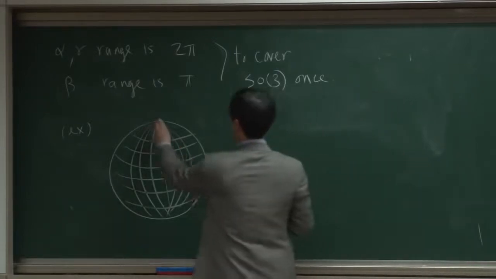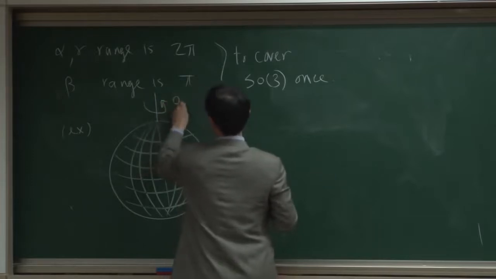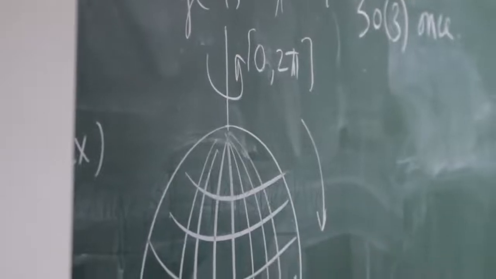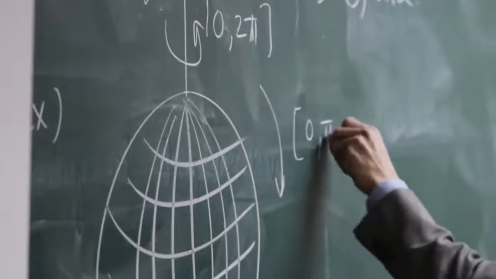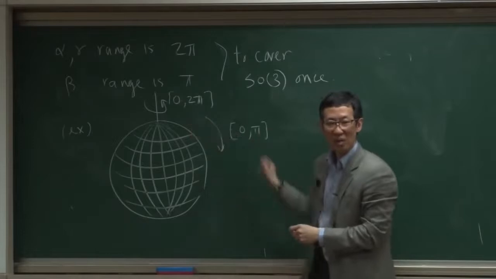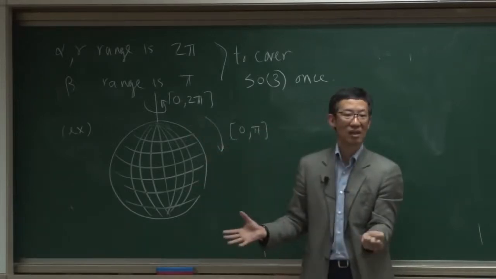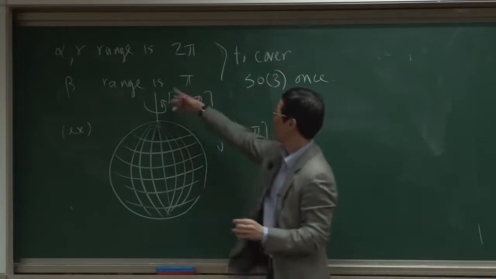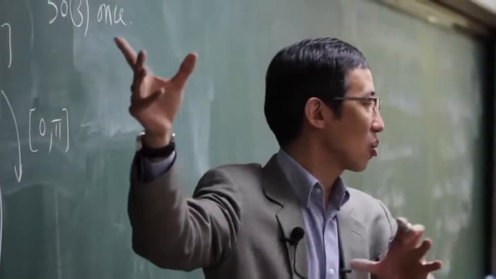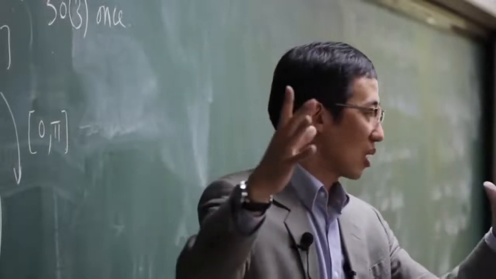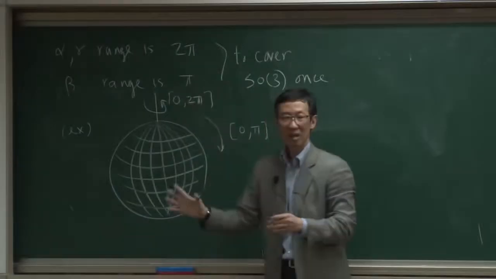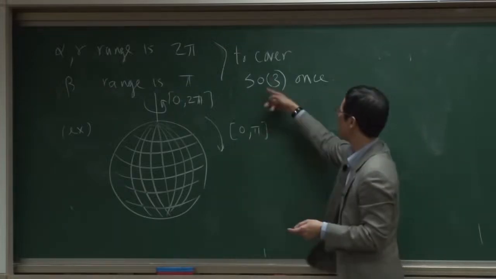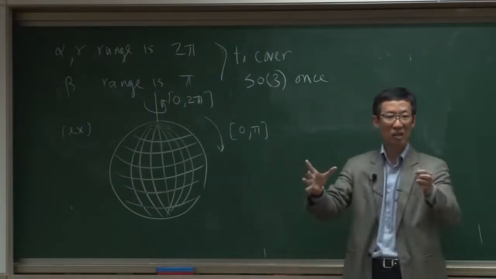We usually say longitude goes from 0 to 2 pi, and this angle is from 0 to pi. Now we can go 0 to 2 pi, but then it covers the Earth twice. So this is what's going on here. That's why we have beta range pi. We can make the range 2 pi, but then you have two solutions for every rotation. So if you just want one solution, you cut the range of beta to just pi.